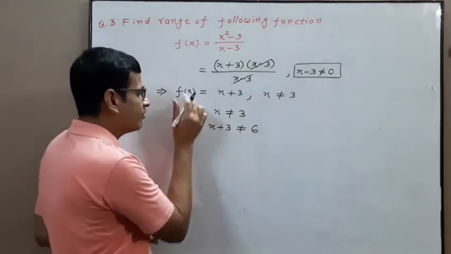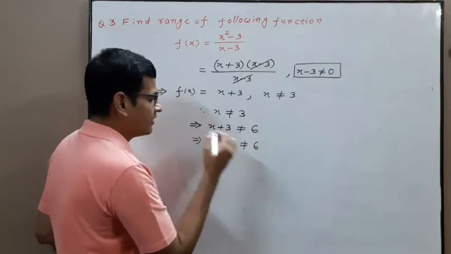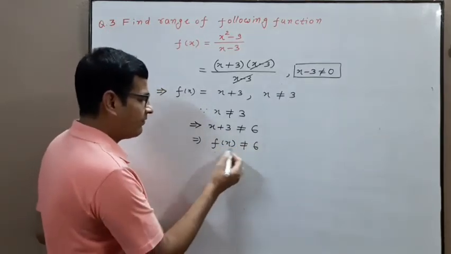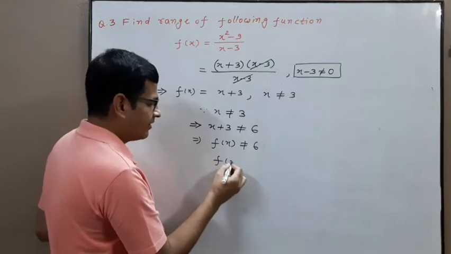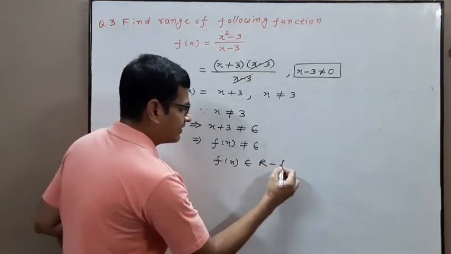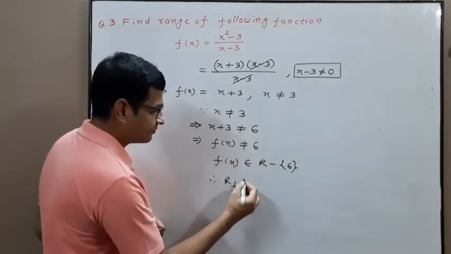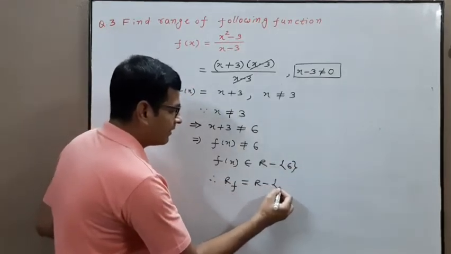But x plus 3 is equal to f(x). So f(x) not equal to 6, or f(x) not equal to 6 means f(x) belongs to the set of real numbers minus 6. So therefore range f equal to R minus 6.